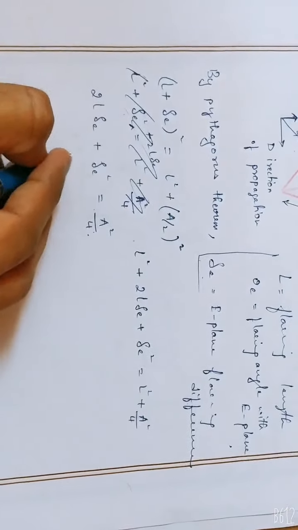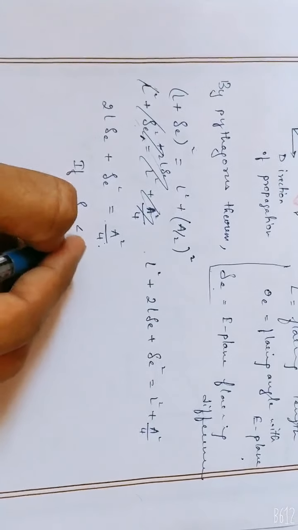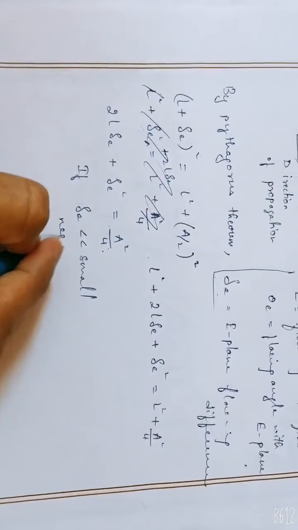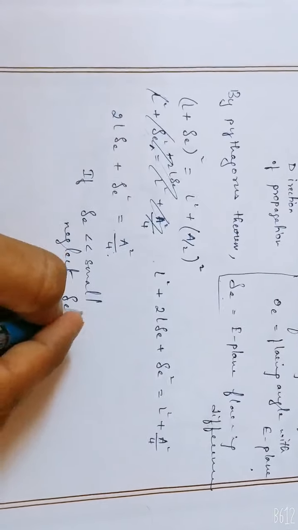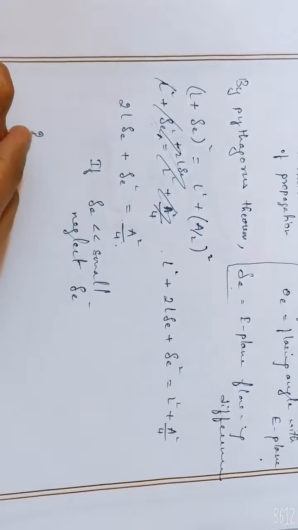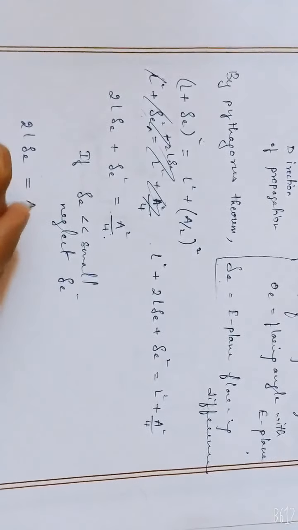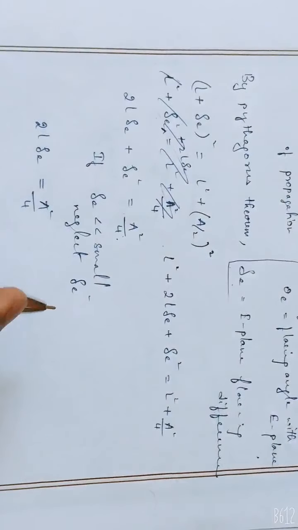So if delta E is very, very small, neglect delta E square, and we'll get 2L delta E equals A square by 4.